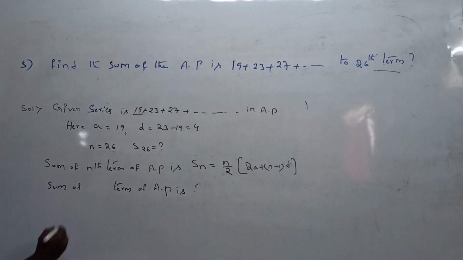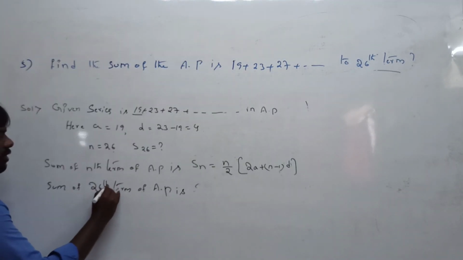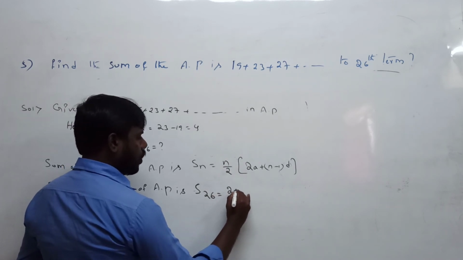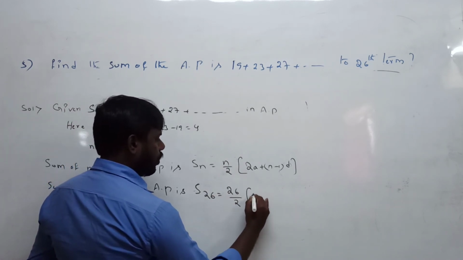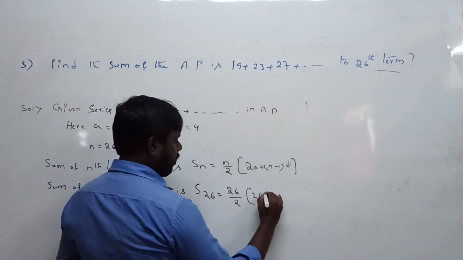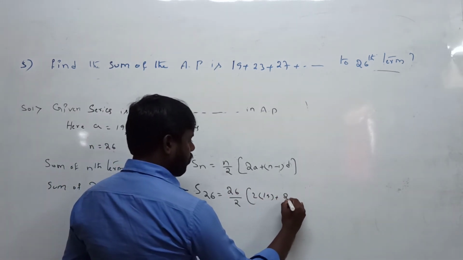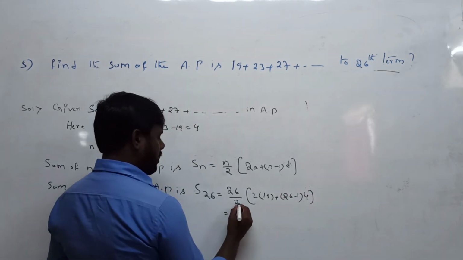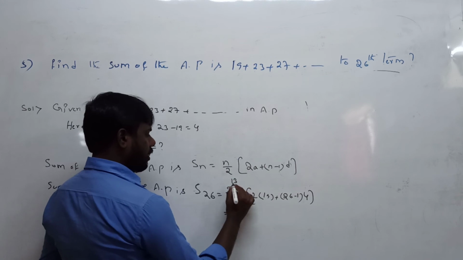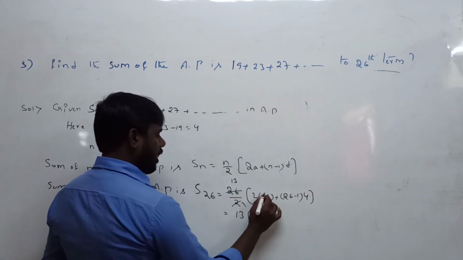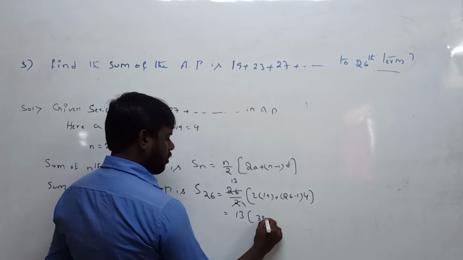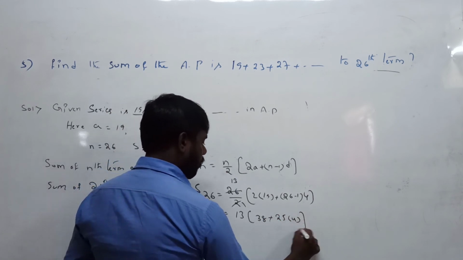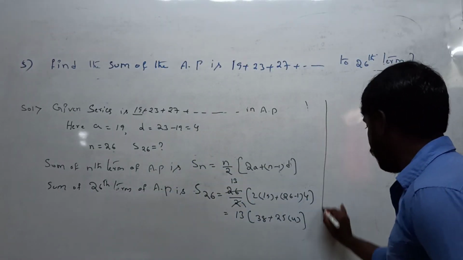So the sum of 26 terms of the arithmetic progression: n replaced by 26, by 2 into a value, which is 19, plus n value 26 minus 1 into d value. Now cancellation 2 on the 2, 13. So 13 into 19 plus 2 is 38 plus 26 minus 1 value is 25 into 4.